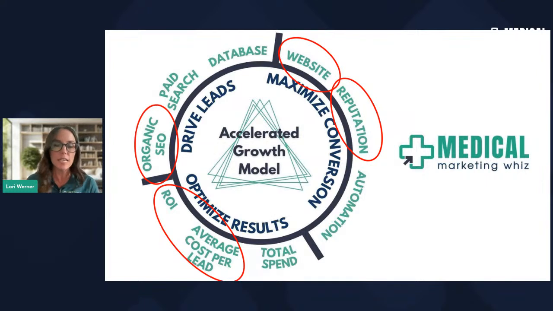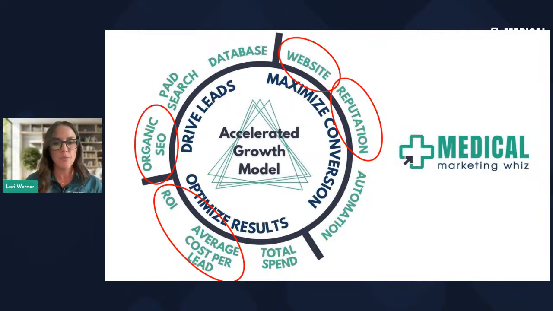That's the first thing we need to do: drive traffic to your business so that people know who you are, what your specialty is, and all the different technologies and services that you can provide to help patients. You drive leads through really three main ways. Number one, organic SEO. Then you've got paid search, and then you've got database reactivation, so you can drive leads even from your existing patients.